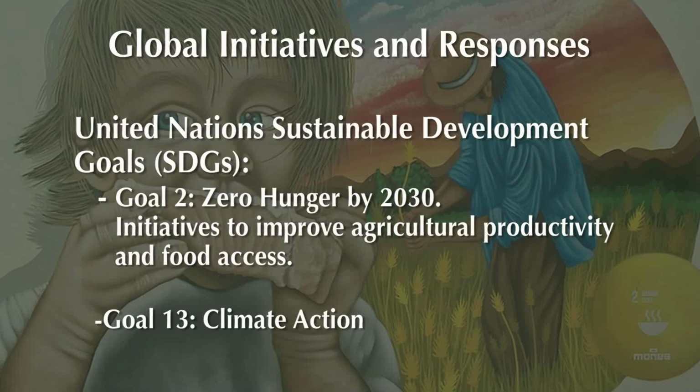Goal 2, zero hunger by 2030, is an initiative to improve agricultural productivity and food access so that there is no hunger in the world by 2030. And Goal 13 of the SDGs is to take action to restrict climate change so that agricultural production and productivity can be ensured, which will ensure availability and accessibility of food.